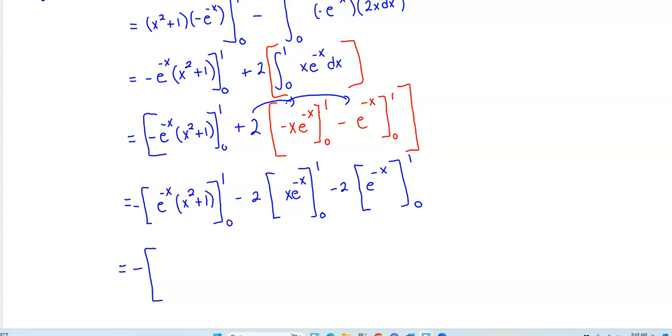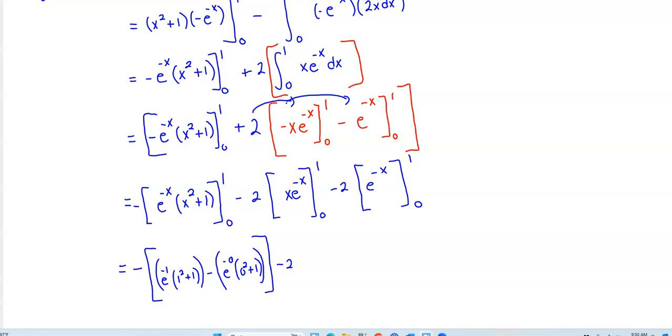So we have the first one, which is e to the negative 1 times 1 squared plus 1 minus e to the negative 0 times 0 squared plus 1.